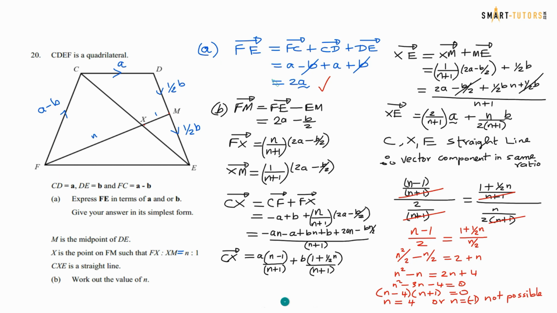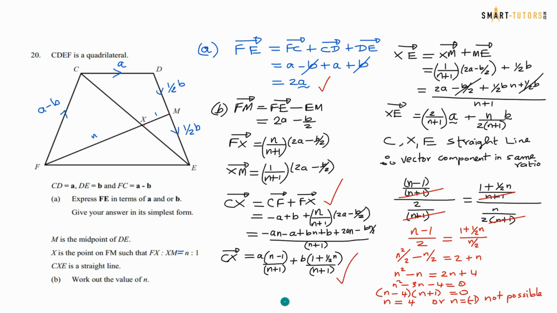XM is going to be 1 over N plus 1 because N plus 1 is the total share, times 2A minus B by 2. Then CX is the vector we are going to find. CX we can find from CD, DM and this one. So that is a lot of work. Here CF plus FX. So that's what we are going to do, CF plus FX. I simplify, it takes time for you to do algebraically, you can simplify and finally I found CX like that.